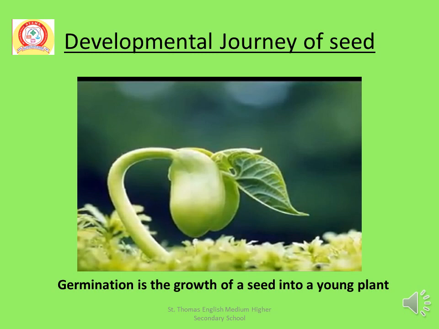Now, before we start discussion on this chapter from your textbook, you should know different stages through which the germination process goes. The growth of a seed into a young plant is called germination. That means germination is the growth of a seed into a young plant.